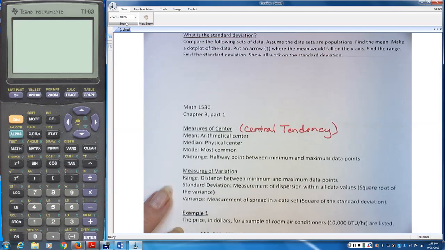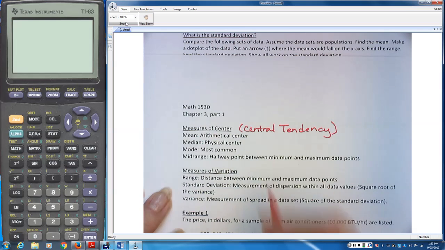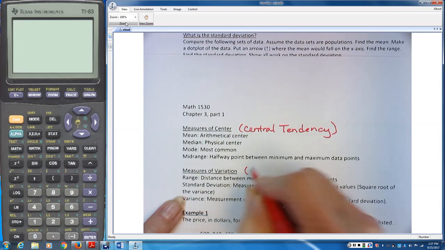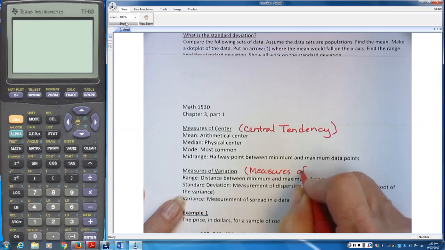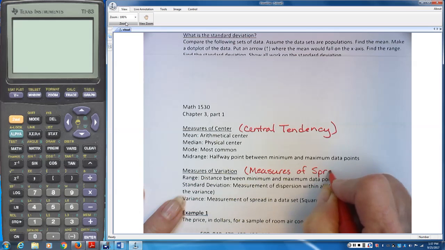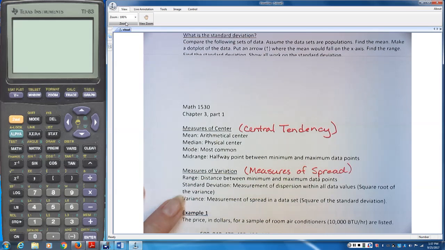And then measures of variation are also sometimes called measures of spread. So it's about how the data are spread out.